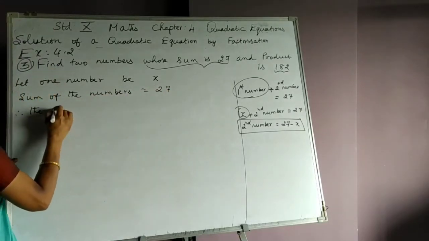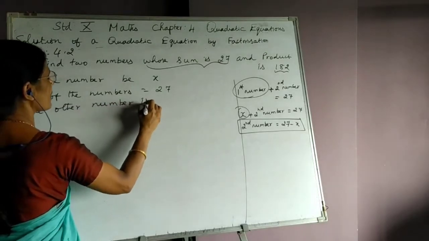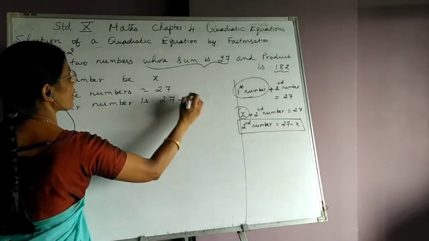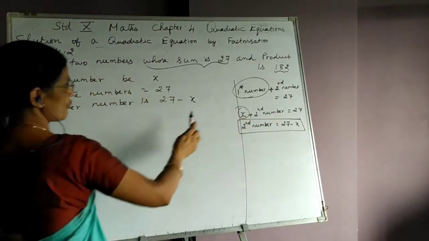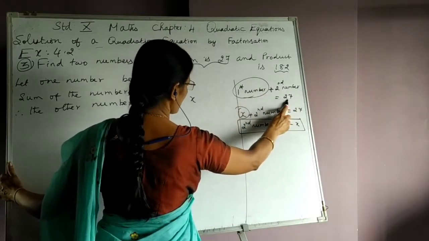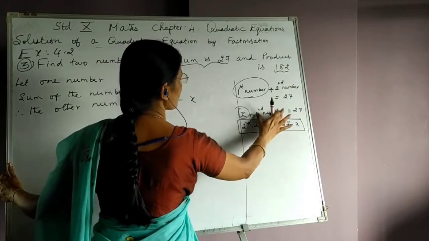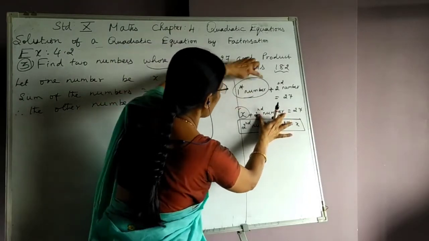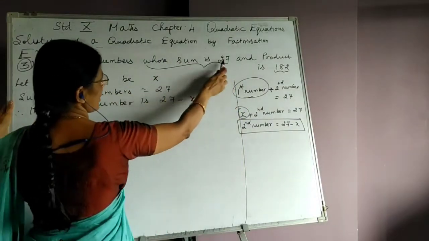Therefore, the other number is 27 minus x. Hope you understood. Sum of 2 numbers, so first number plus the second number we are given, it is equal to 27. One number we have assumed as x. Therefore, the second number is 27 minus what? Minus x.